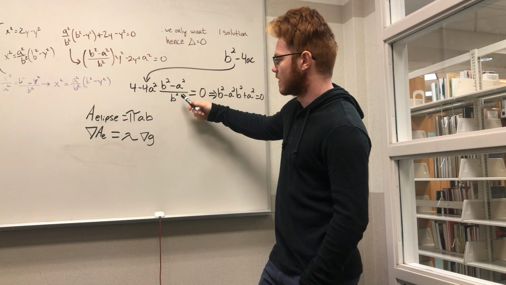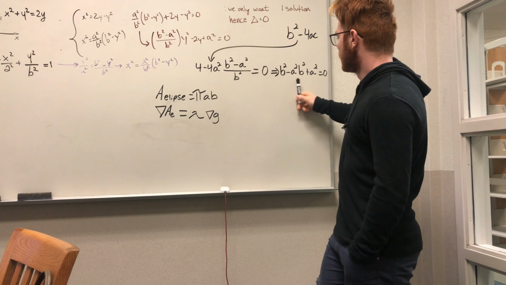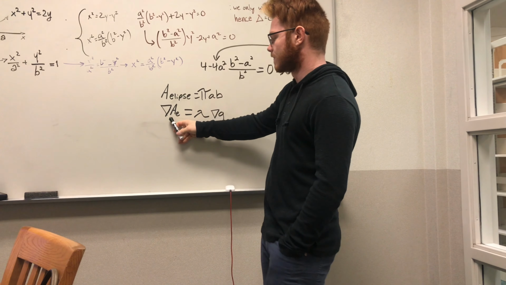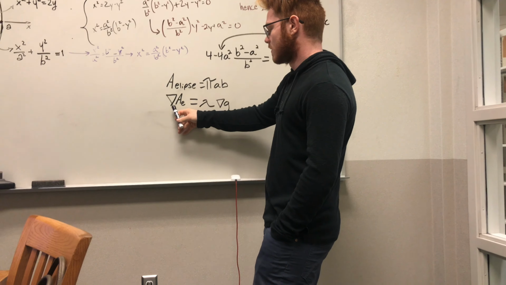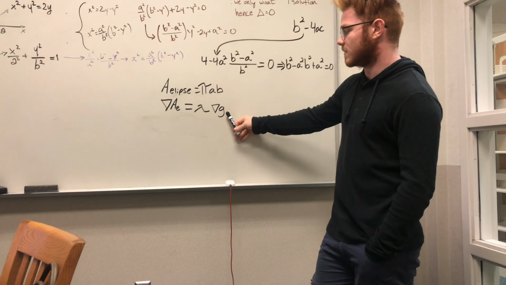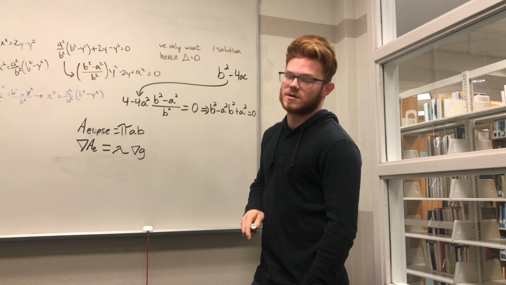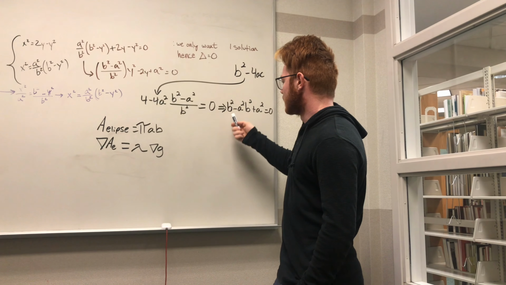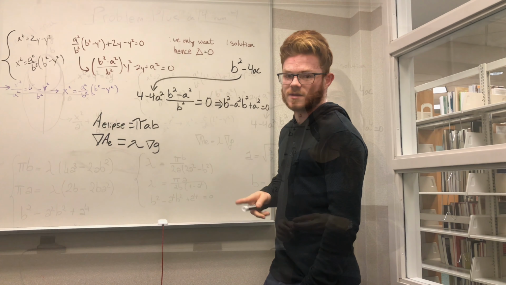Now, this would be good, except we still have two unknowns, b and a, but luckily we are trying to minimize the area of our ellipse, and so if we use this as a constraint function, then we know that if we could take basically the gradient of our area, that's going to be equal to lambda times del g, and then we'll be able to make an additional set of equations and solve for both a and b using them.